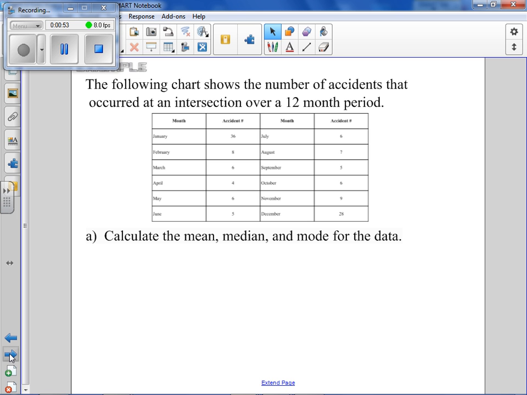So here's our example. It says the following chart shows the number of accidents that occurred at an intersection over 12 months. Calculate the mean, the median, and the mode. So the first thing I want to do is rank them. The smallest number here is April, so 4. 5. There are two 5s.